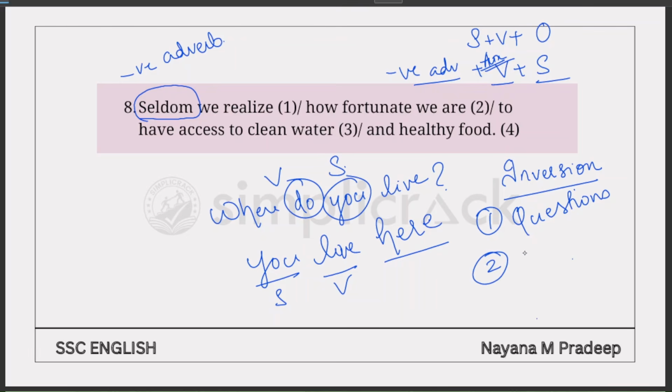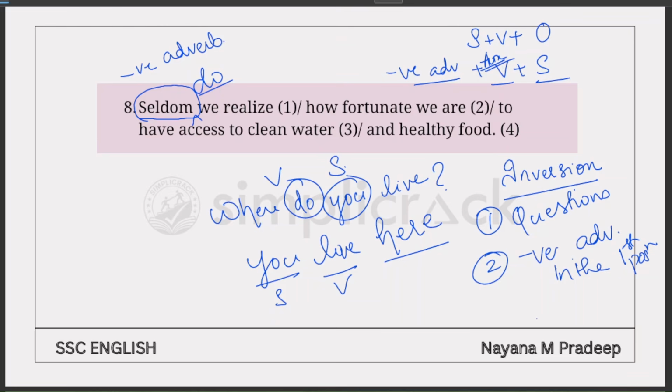Another case of inversion is negative adverbs in the first position. Whenever you use a negative adverb like seldom, hardly, rarely, scarcely, never, we always use an inversion. Instead of writing seldom we realize, we have to use seldom do we realize. The auxiliary verb comes before the subject. Now, why have we used do?